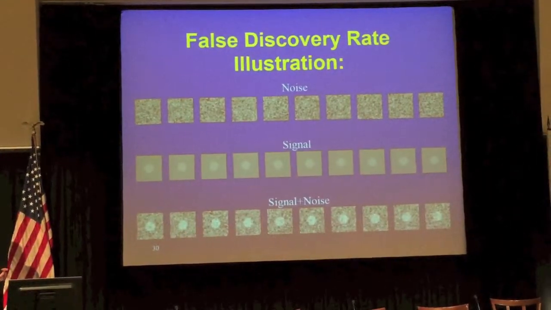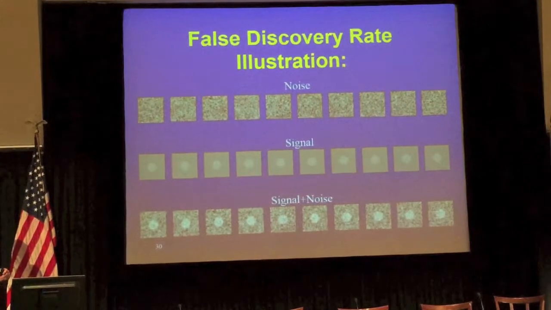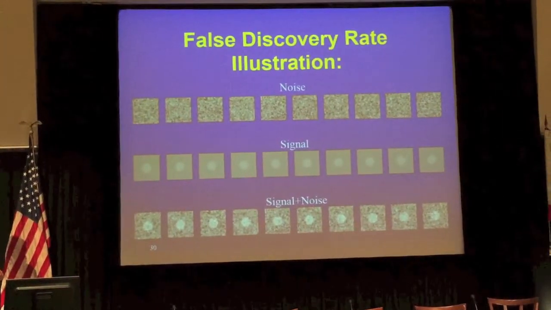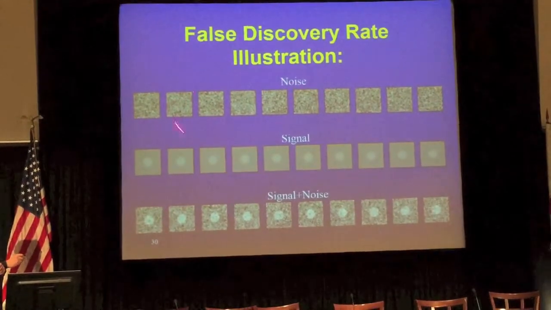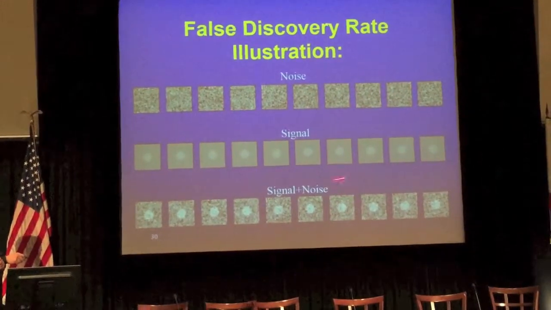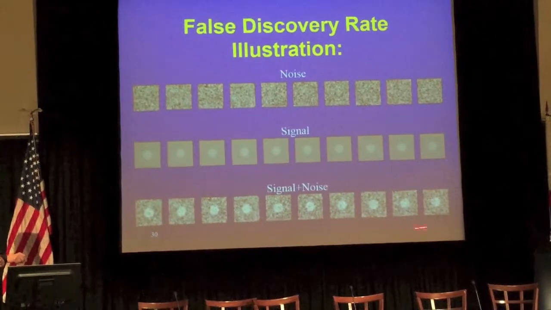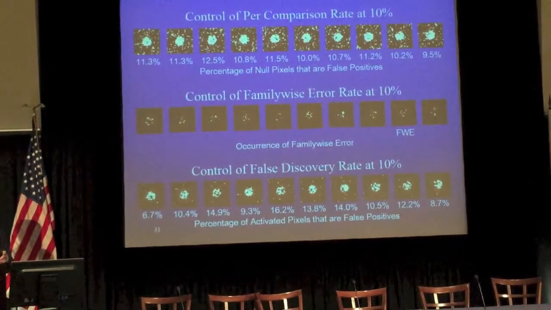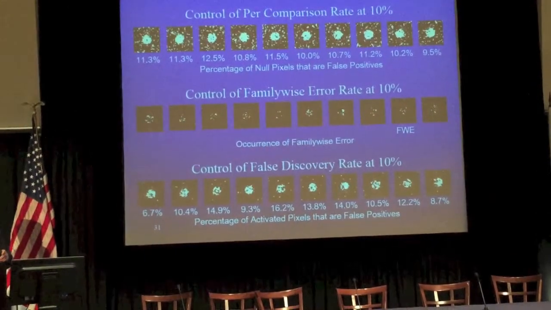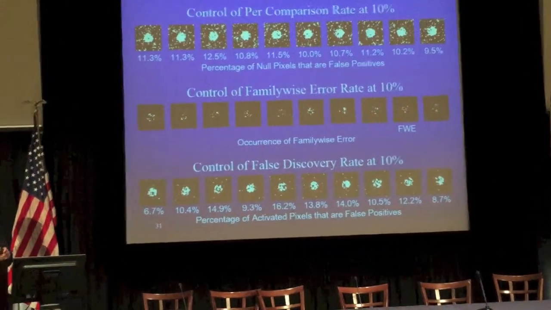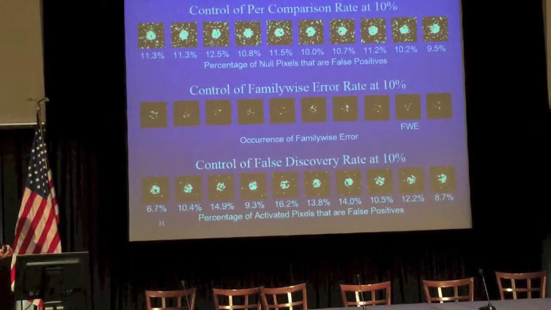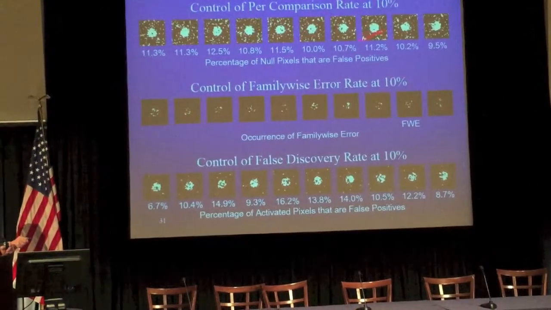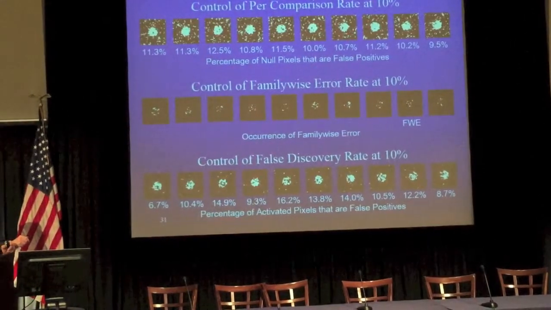So here's how the false discovery rate works in imaging data, where we have a noise level, a signal level, and then signal plus noise. When we control the per-comparison rate at 10%, or the FDR at 10%, we can recover nearly all of our signal with some of the noise.